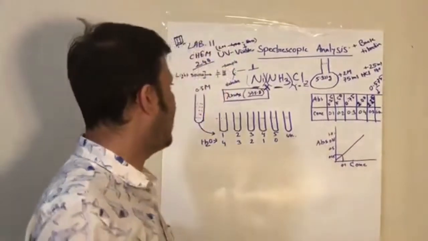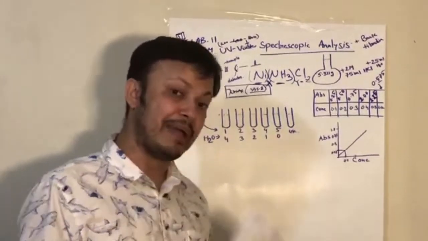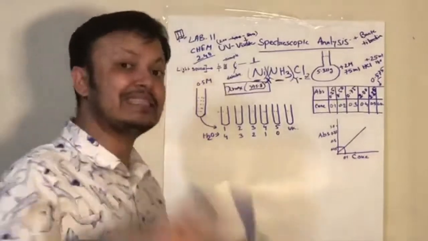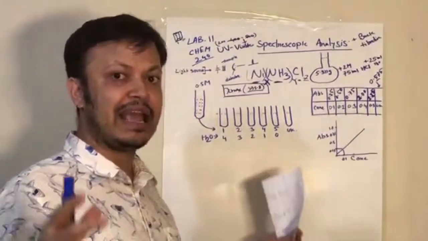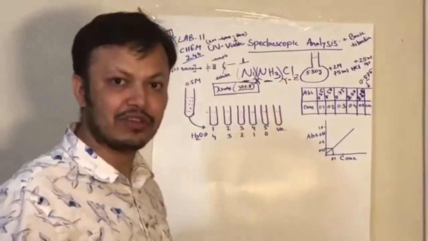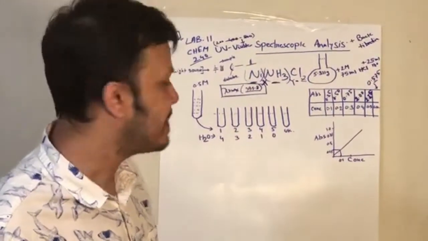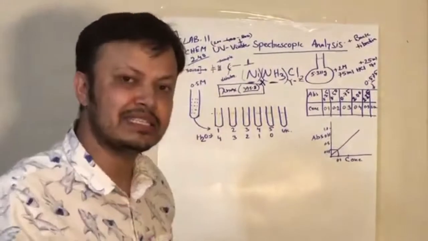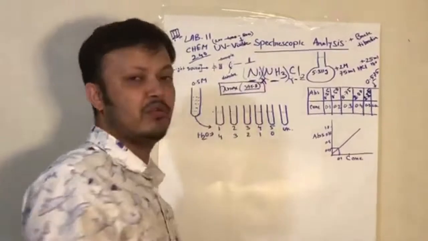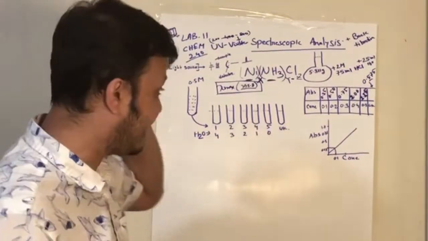Instead, we do the back titration. We will add excess acid to neutralize the ammonia, and some acid will remain in the solution. From the amount of acid remaining, we can find out the concentration of the ammonium. That is called the back titration.